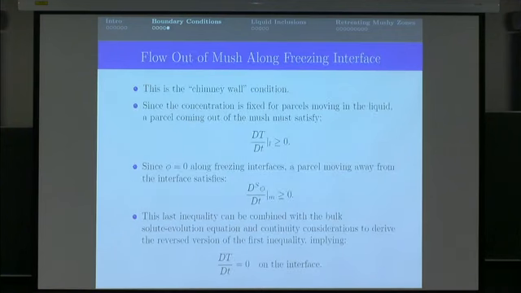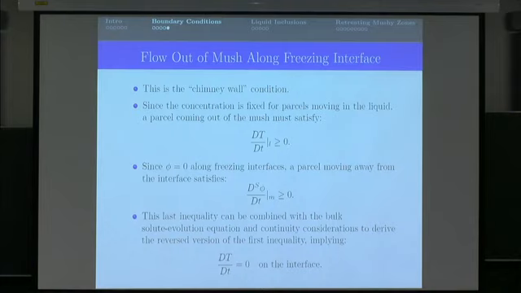And briefly, the argument looks like this. One of the reasons we were really interested in this is that that happens to be the type of boundary condition that you need on the chimney wall. And initially, we were trying to simulate chimneys. So since the concentration is fixed for parcels moving in the liquid, if you say you're following a material particle coming out of the liquid, that means that the temperature has to go up on that parcel.